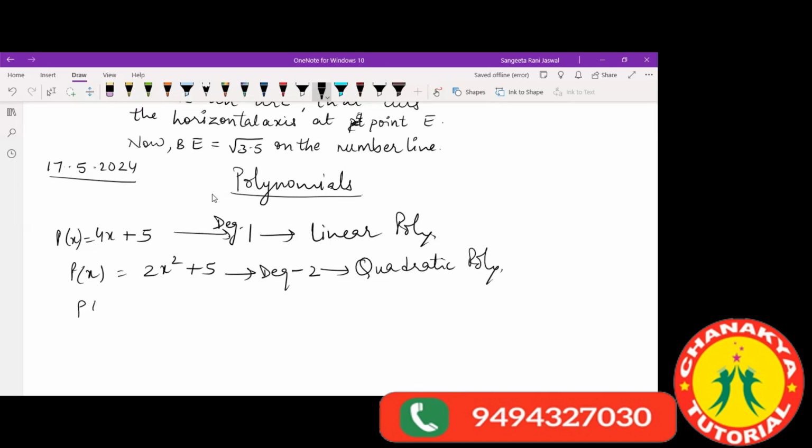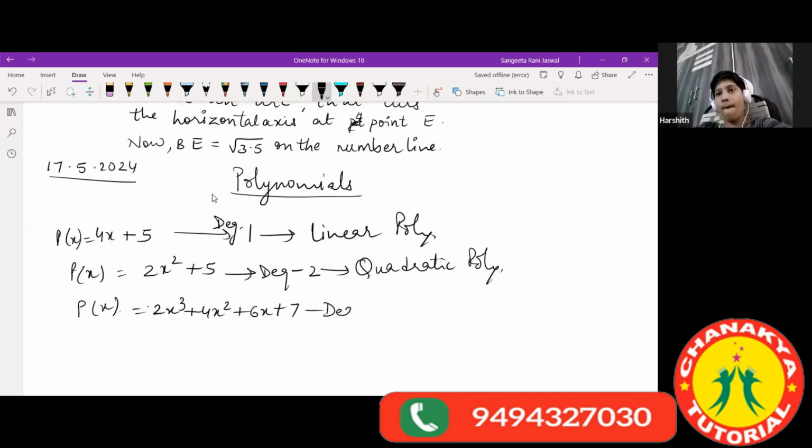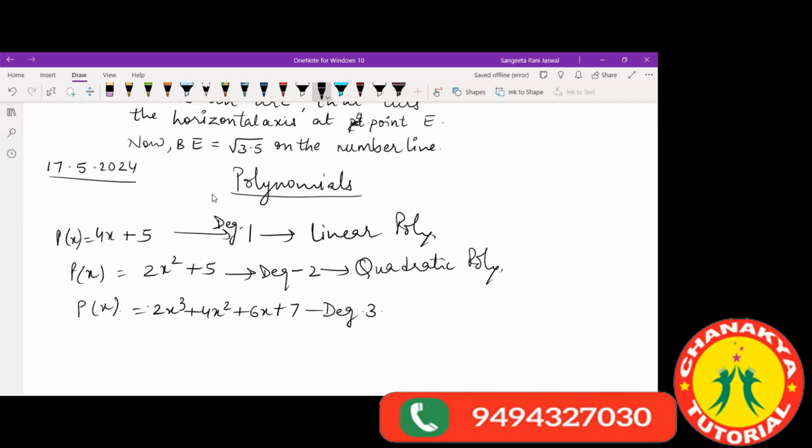Okay, suppose you have another polynomial, say 2x cubed plus 4x squared plus 6x plus 7. Ma'am, this is a cubic polynomial and 3 is the highest degree. Yes, 3 is the highest degree, so the degree is 3 and we call it a cubic polynomial.